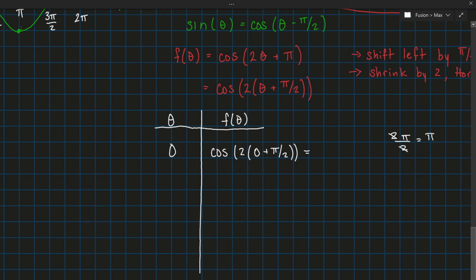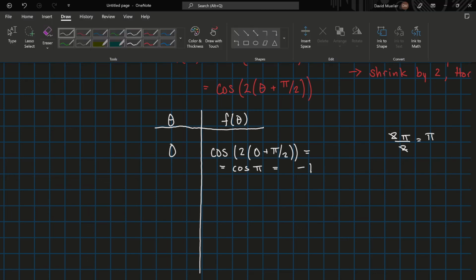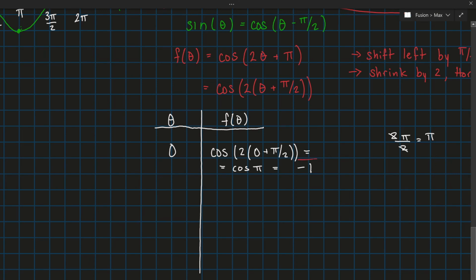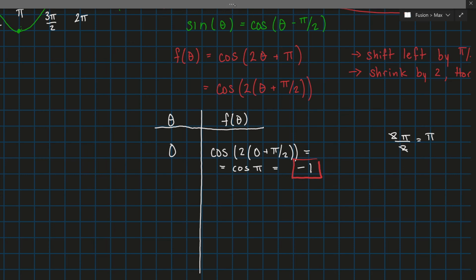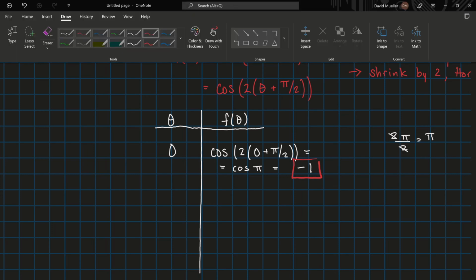So then we have cosine of pi, which is what? -1, right. This time I'm going to circle these with a different color because I don't want to miss them. So then we'll go up pi over 4.